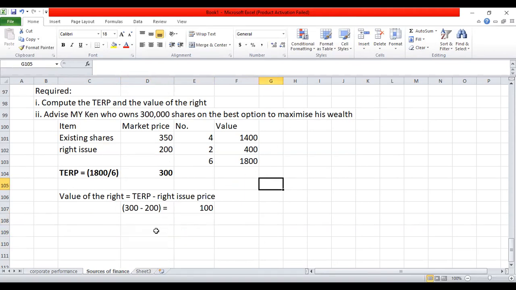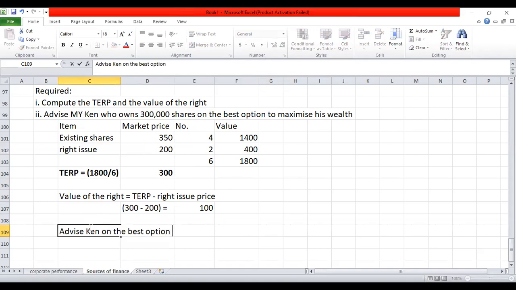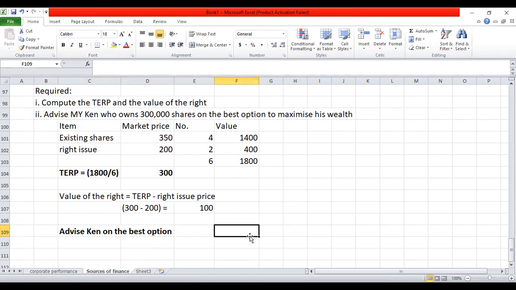Now, we are supposed to advise Kenny on the best option. Advise to Kenny on the best option. Now, when we are providing the advice here, we are going to look at the 3 key scenario or 2 scenario.